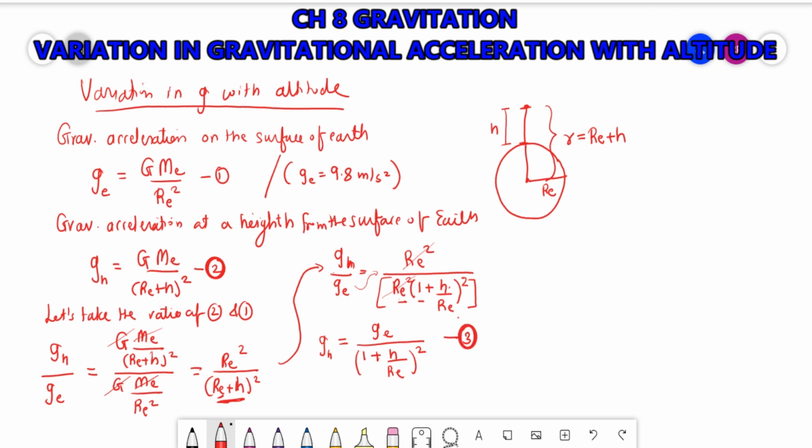If I rearrange this equation, I can write Gh equal to GE, and as the bracket is in the denominator with power 2, when I take it to the numerator, 1 plus h by RE will be raised to minus 2. Now I will use the binomial theorem. What is the binomial theorem?